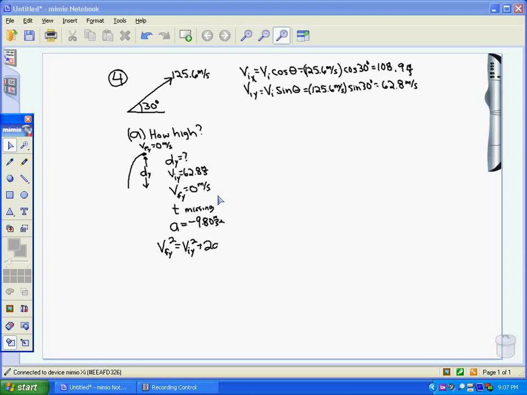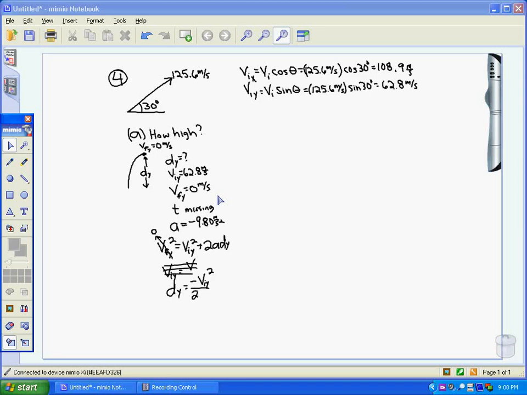Now I solve this for dy. Since we're looking at the peak, that VFY is 0. I'm actually looking for dy. So I have dy is going to be equal to the negative of VIY squared over 2 times A sub y.